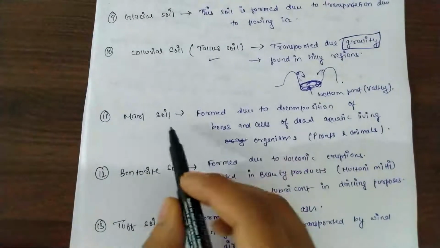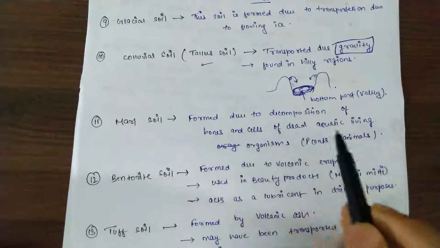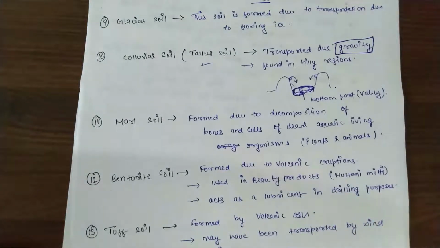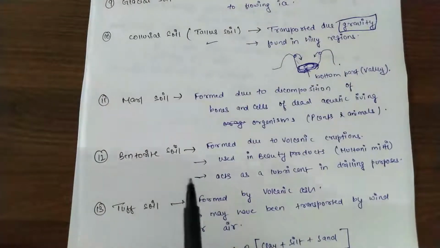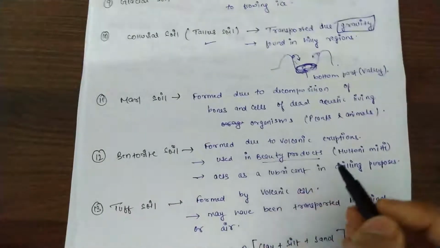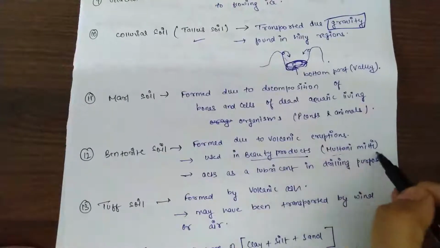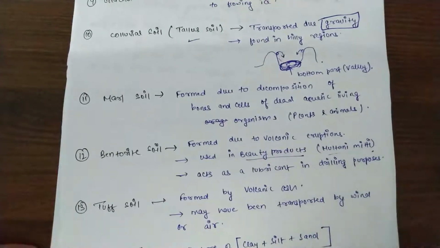The 11th one is marl soil, and this type of soil is formed due to decomposition of bones and shells of aquatic living organisms, which are plants and animals. Then there is bentonite. This is a very useful soil. It is used in beauty products as multani mitti, and it also acts as a lubricant in drilling.